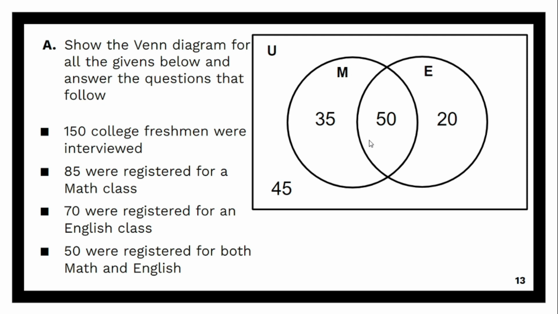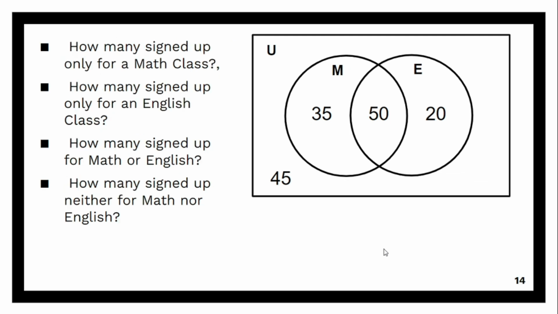Okay? So, meaning to say, because of this Venn diagram, malalaman natin how many signed up only for a math class. Ilan daw yung nag-sign up for math class lang? 85 ba? No, kasi this 50 may kasama yung English. Gusto yung math and English, so ibig sabihin hindi siya kasama. So these 35 are those students na nag-registered for math class lamang.